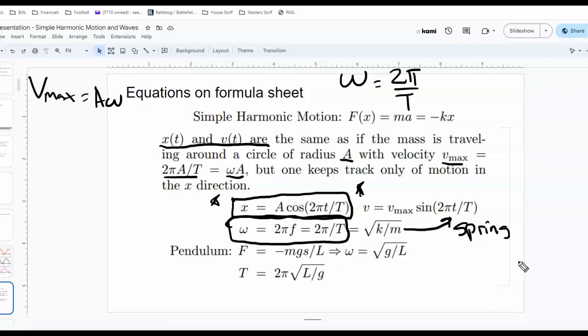But the square root of k over m is only for this one specific example of simple harmonic motion. Just to remind you, there are many different types of simple harmonic motion in the universe. Anything with an m over k is specific to this one instance where something is attached to a spring and oscillating on the spring. So just make sure that's clear. Let's go to the next page.